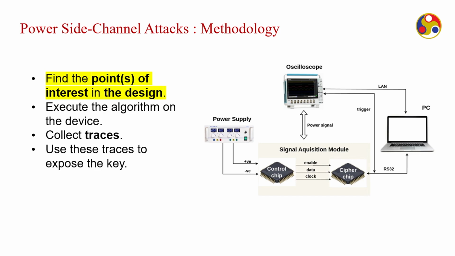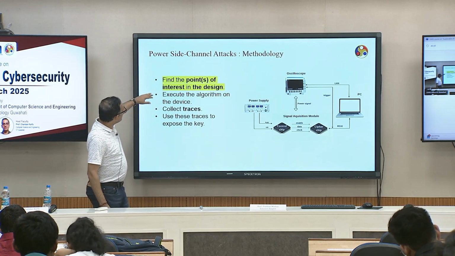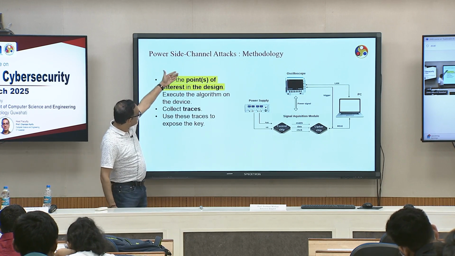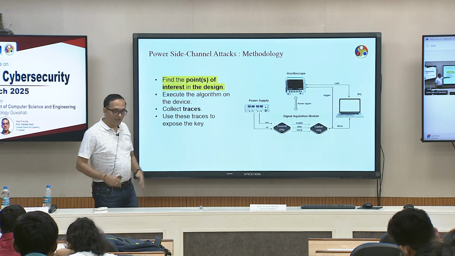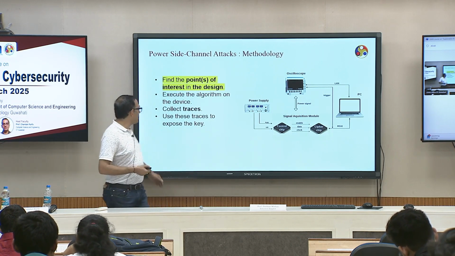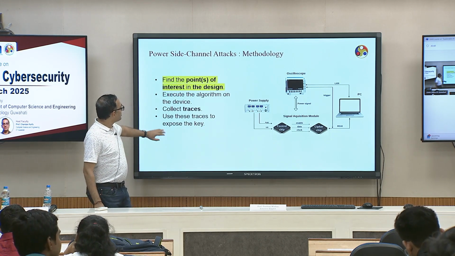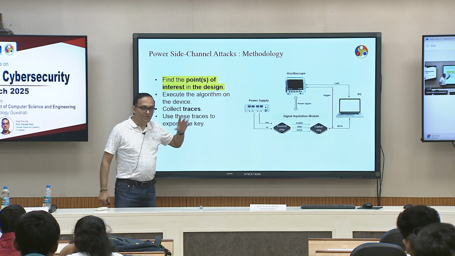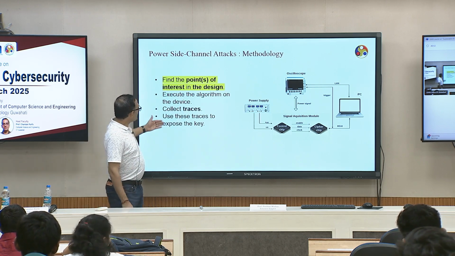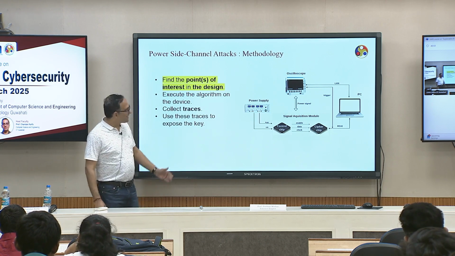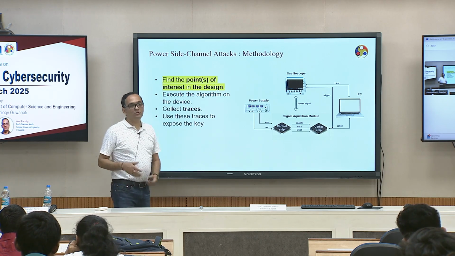So, you identify the point of interest for you. Then you execute the algorithm on that device for various inputs, right. And then you collect the traces at that point, and then you have some selection parameter, I will talk about that, through which you can expose the key. Okay. So, these are the steps we should follow.